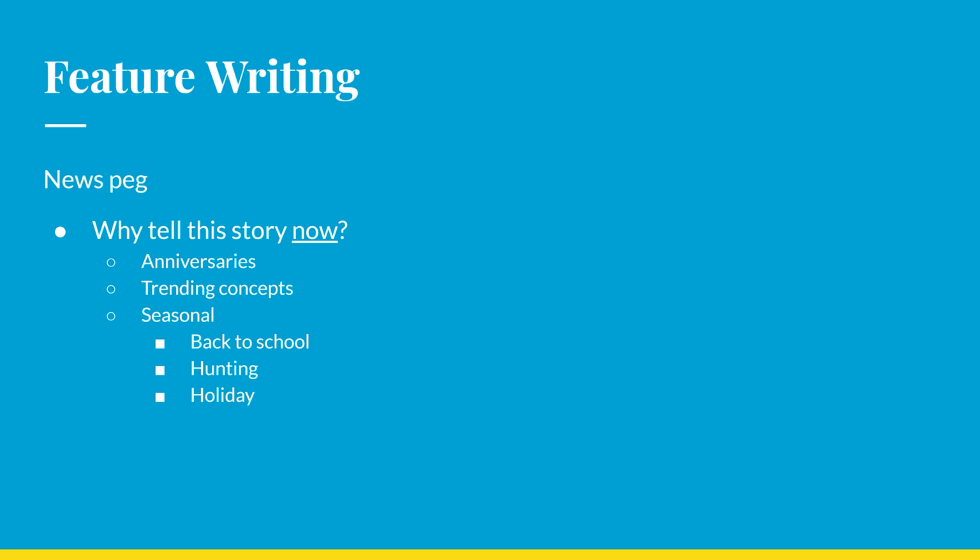This might mean that if you were working on the story over several months, you have to rewrite the introduction, or if there's an anniversary coming up for a particular event, or if there are certain seasonal concepts. So review your work, see how you can explain why this is relevant to your audience, and it'll also help you to focus your narrative and figure out why this matters to your audience.